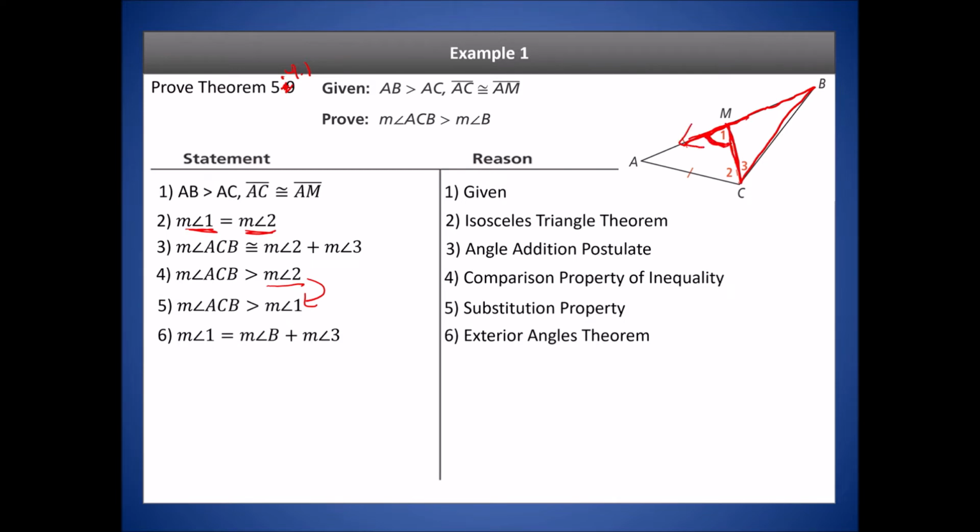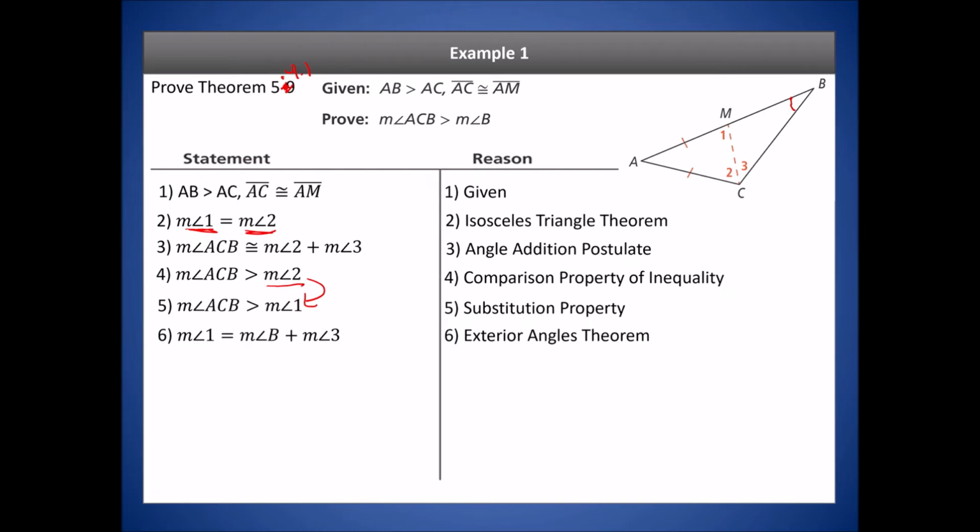The exterior angles theorem states that to find the exterior angle, you simply add the remote interior angles, the angles that are farthest away from that exterior angle within this triangle. And so therefore, by the exterior angles theorem, angle B plus angle 3 is going to give us angle 1.